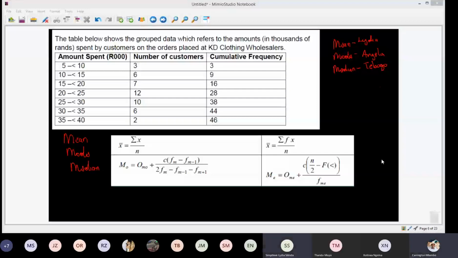Sir, I have a question. Yes, you can ask. For the mean, the fx, what does it stand for? Frequency times x. I'm not going to show you this one because you still need to answer it.